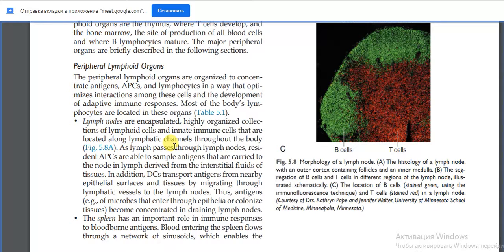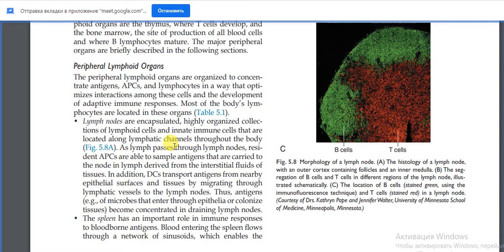They can destroy these bacteria and can create antigens, and then all this fluid is collected inside the lymph nodes. And antigen-presenting cells, like dendritic cells, capture these antigens and place them on MHC, the major histocompatibility complex, on the surface. By this feature, they can present them to T lymphocytes, which are present in lymph nodes. So that's the main idea of lymph nodes, why they collect all the interstitial fluid.